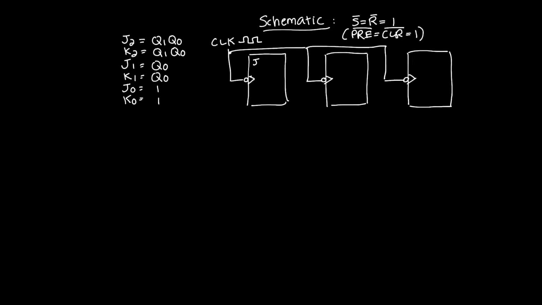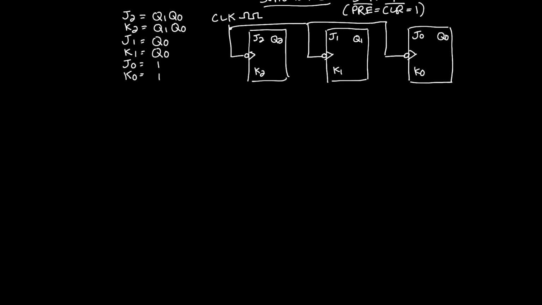And again, I'm going to put J2 here, K2. So I'm going to go from most to least significant bit left to right. Here's Q0. Okay. We don't really need the bars, but I'll put them anyway.